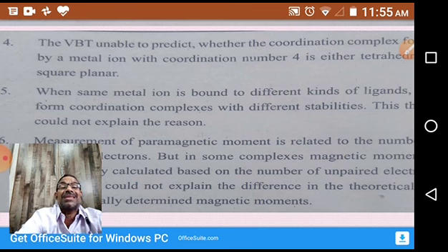Just now we discussed nickel plus 2 with chloride ligands is tetrahedral, whereas nickel plus 2 with cyanide ligands is square planar. Why? Hybridization changes from sp3 to dsp2. The reason is not explained. Same metal, same oxidation state, with different ligands, it is exhibiting different geometry and different hybridization. That point is not explained here. This is one of the drawbacks.